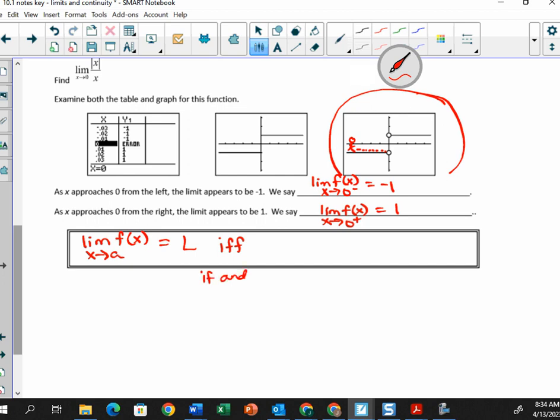If and only if the limit of f of x as x approaches a from the left equals L, whatever the limit is, and the limit of f of x as x approaches a from the right also equals L.